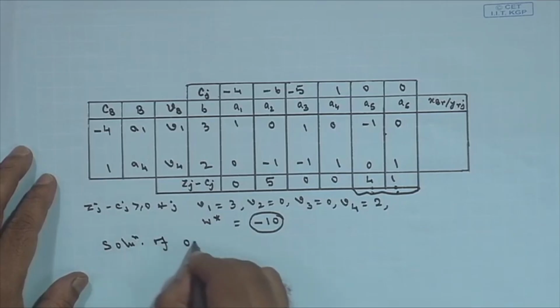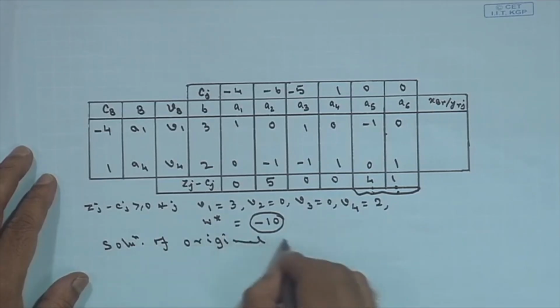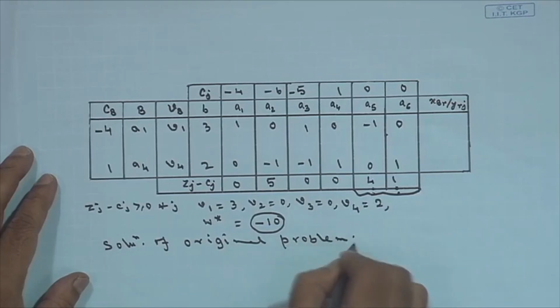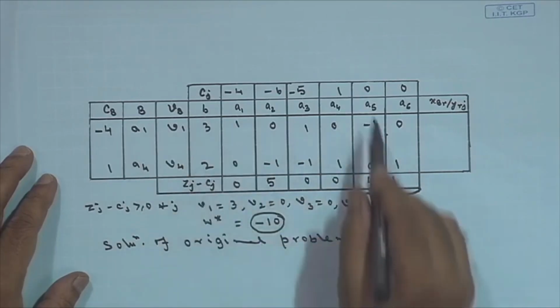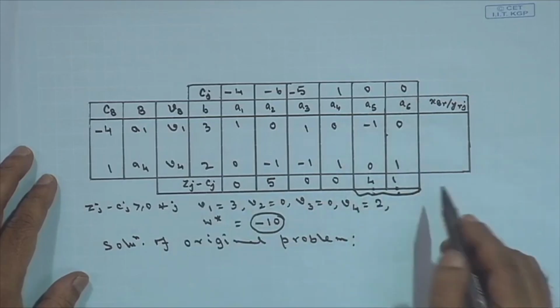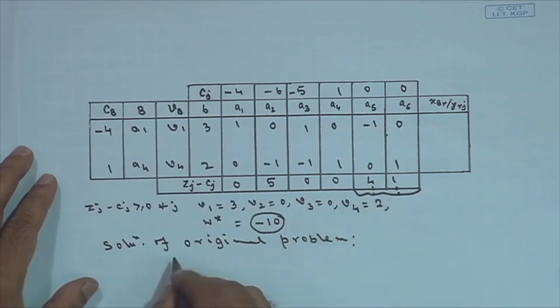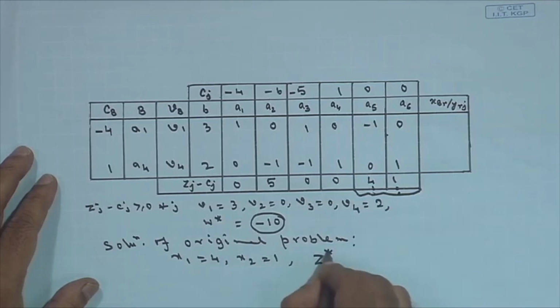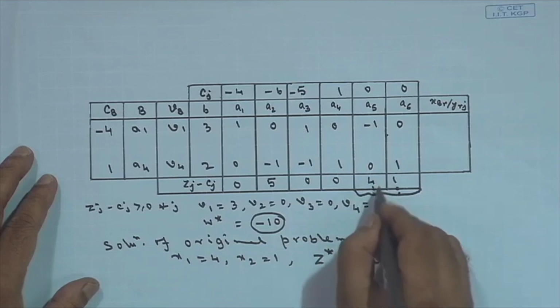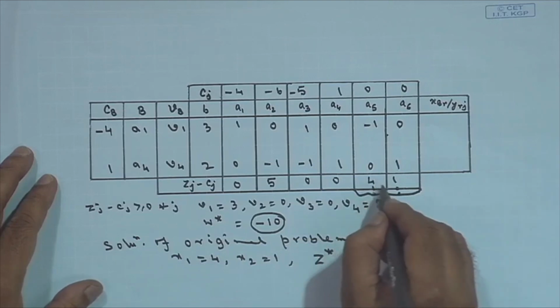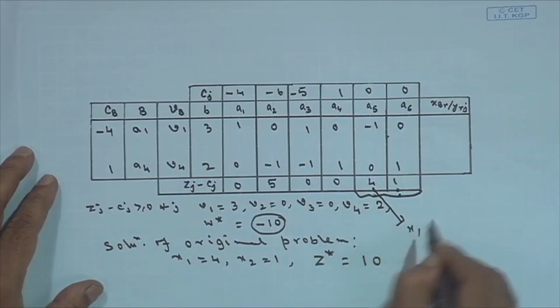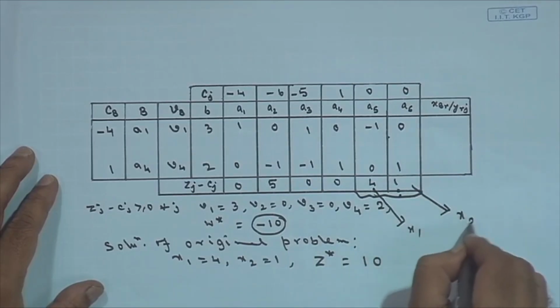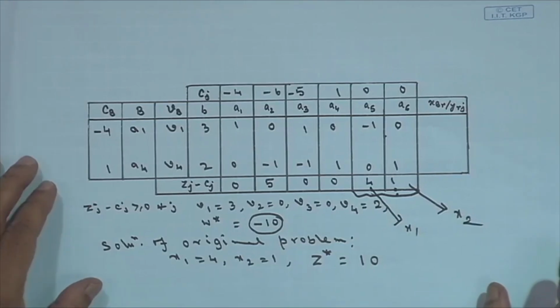So, the solution of the original problem I can also obtain from this last table, that is, you take the last columns depending upon the number of variables. So, here it will be x1 equals 4 and x2 equals 1, and z star, since it is a minimization of this, the value will be this. Please note that in the solution of the original problem, this will correspond to x1 and this will correspond to x2. This is the way we can find the solution of the problem.